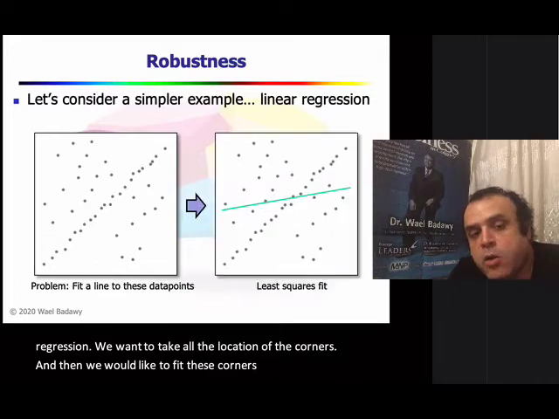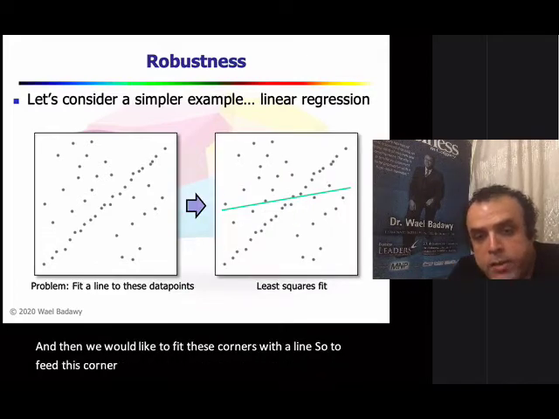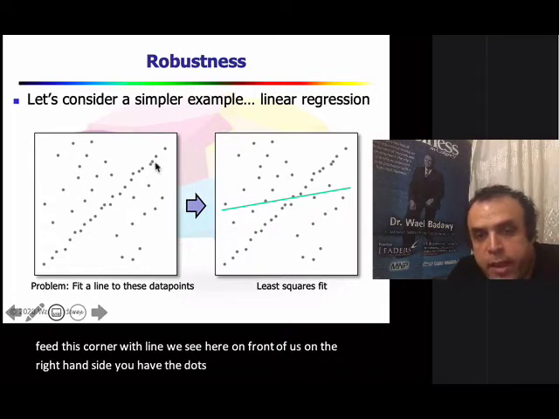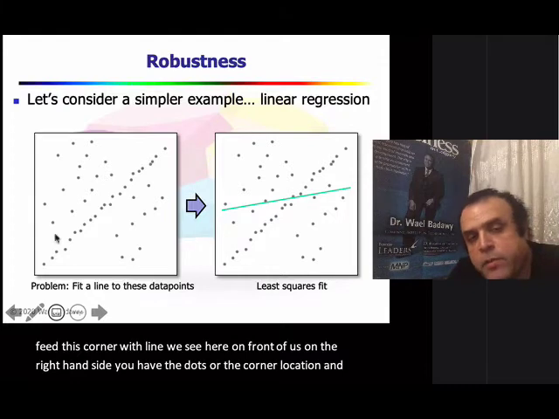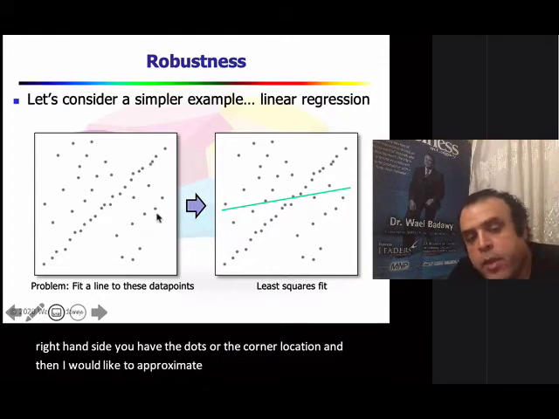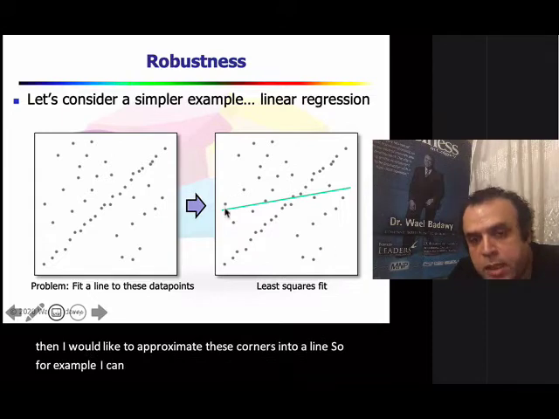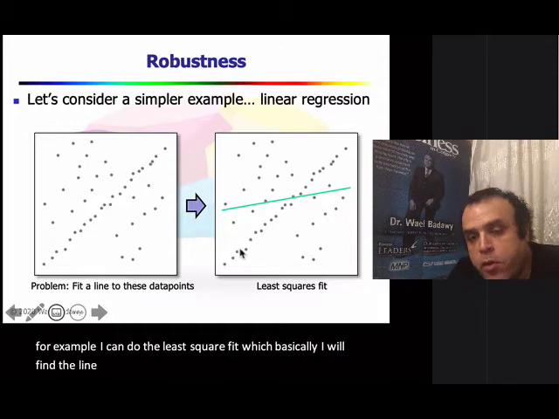Here in front of us on the right hand side, you have the dots or the corner locations, and I would like to approximate these corners with a line. For example, I can do the least square fit, where I find the line with the least square error over all these points.